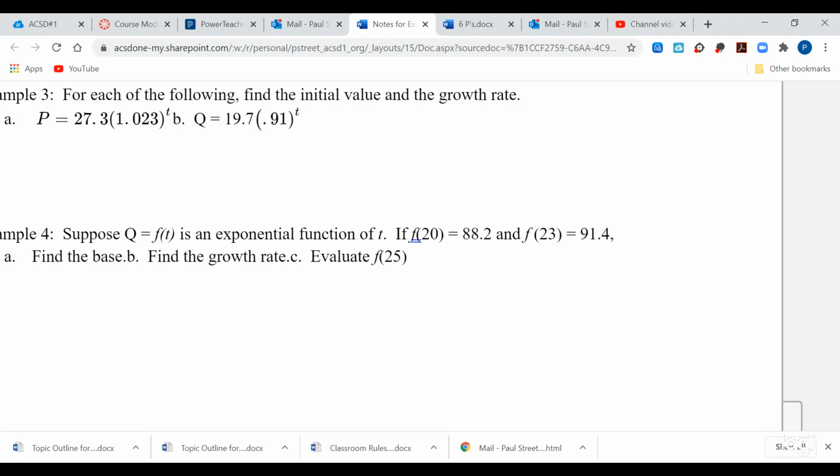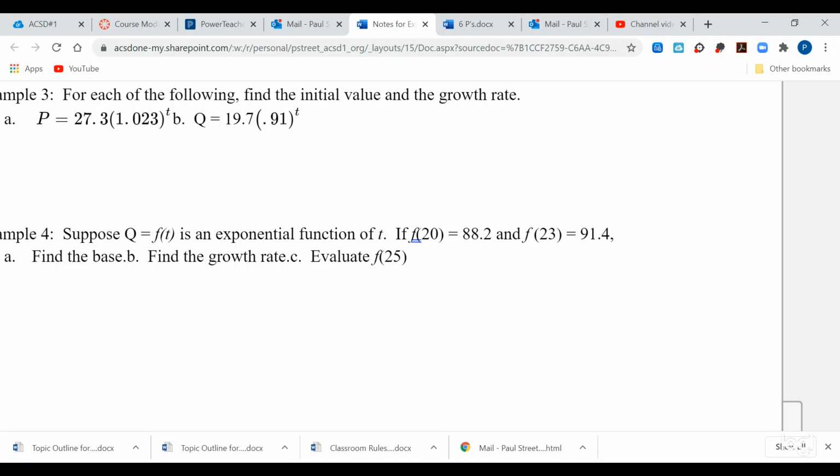Okay, remember how to do this? Kind of. Should we just make our life easy and say y equals ab to the x, and use that as our base function? Is that all right? Yeah. You okay with just y's and x's? Okay, so the 20 is going to be a value of x, and the 88.2 is going to be a value of y.